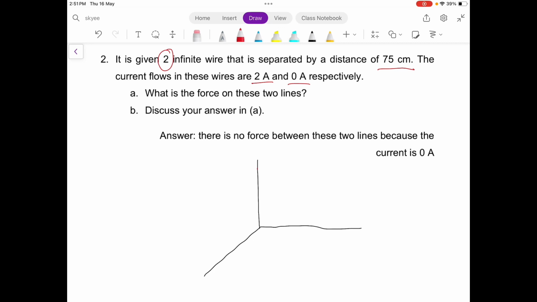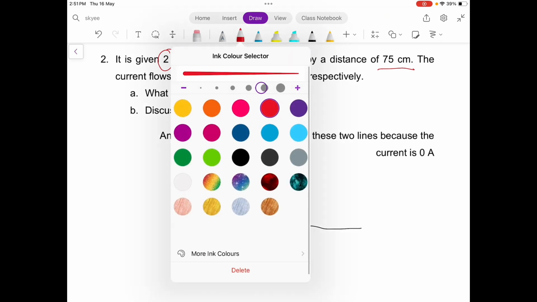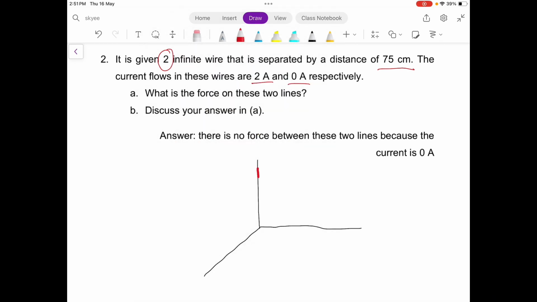We just assume the first wire is here, and then the second wire is 75 centimeters away.